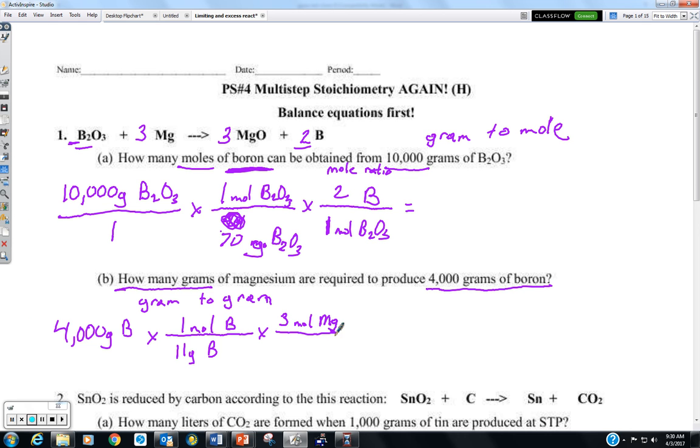All right. So I have 3 moles of magnesium for every 2 moles of boron. And then what would be my next step? I'm in moles. What do I need my answer to be in? Grams. So what number am I going to put here? Molar mass of magnesium, which is 24 over 1 mole. All right.